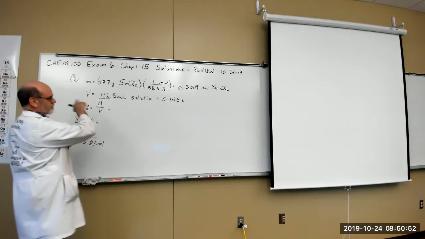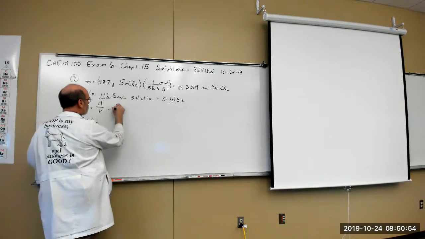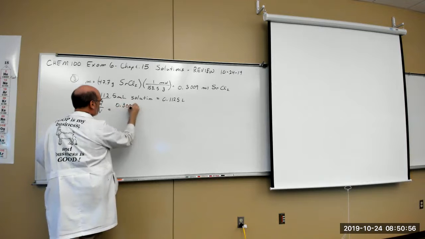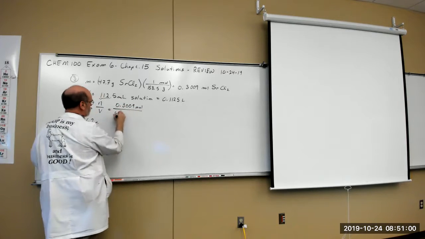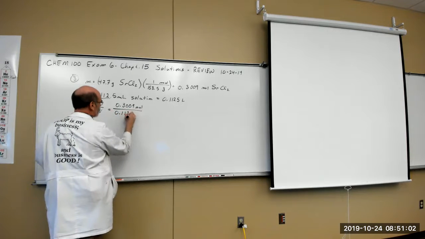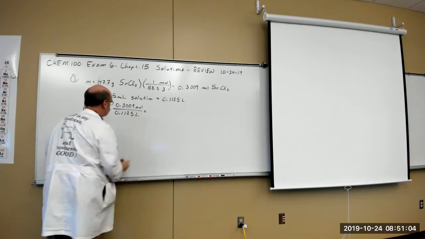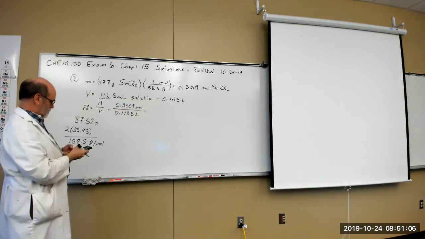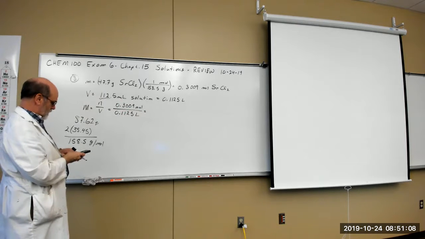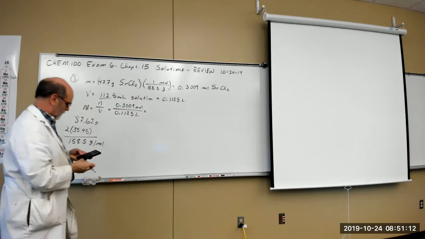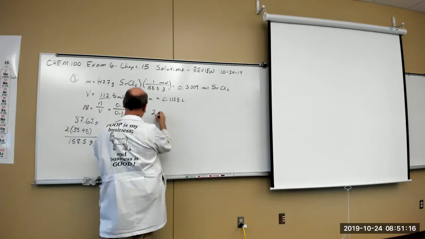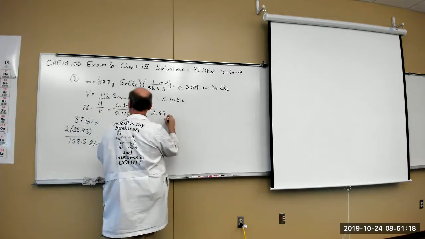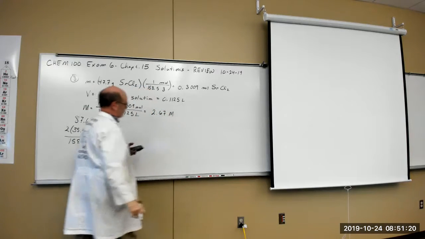Okay, so now we've got the moles, and then we've got volume in the proper units of measure. So this one, and let's see, do I already have that? No, I don't have that yet. So I get, in the neighborhood of, rounded off, 2.67 molar.